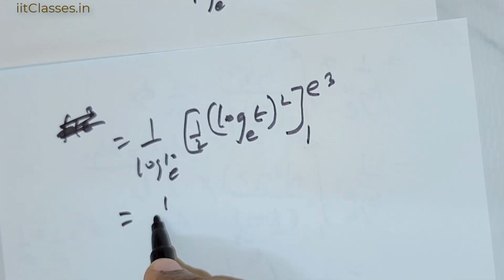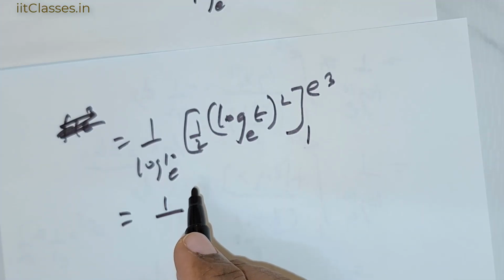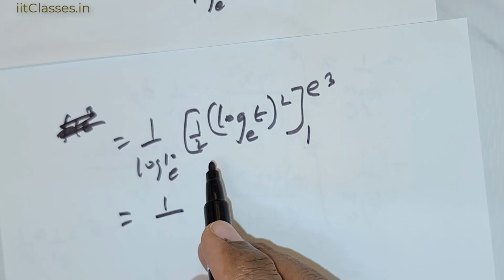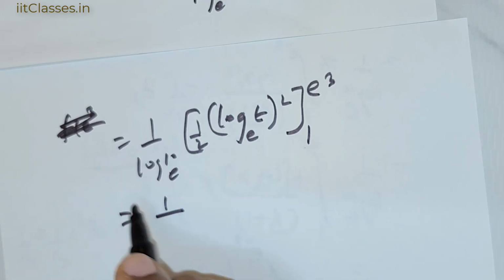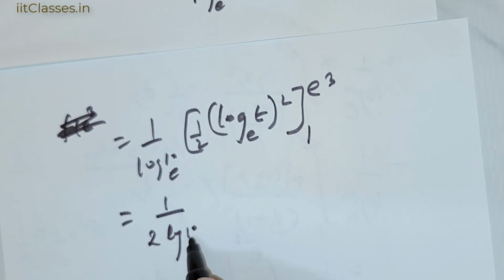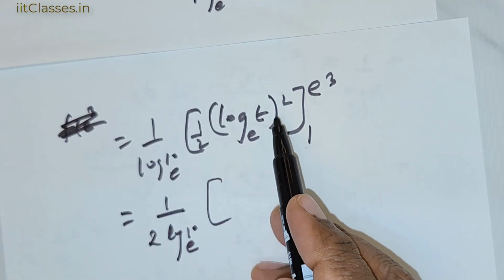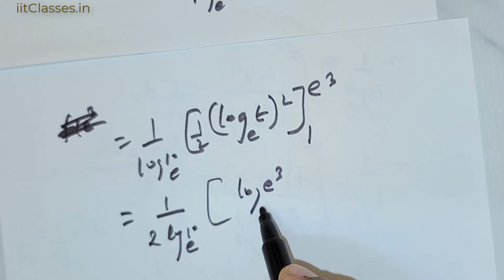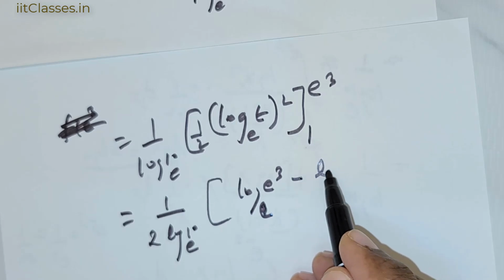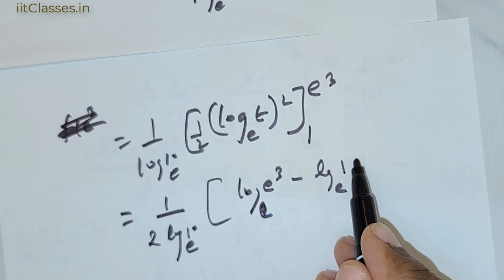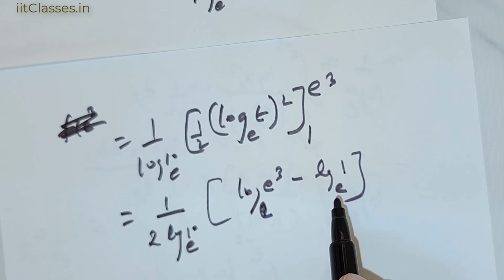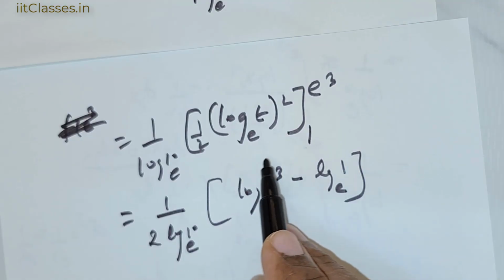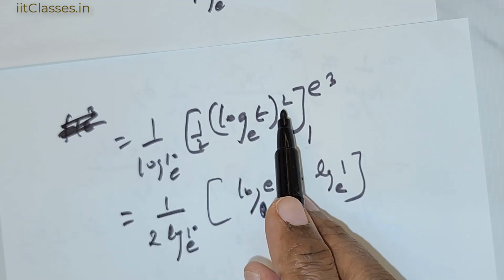Okay, so it's going to be 1 over, you have this 2 there, so I'm going to bring this 2 out. So 2 times log 10 to the base e. Now I substitute the upper limit, so this is log e cubed to the base e, minus log 1 to the base e. So this entire component is raised to the power of 2.